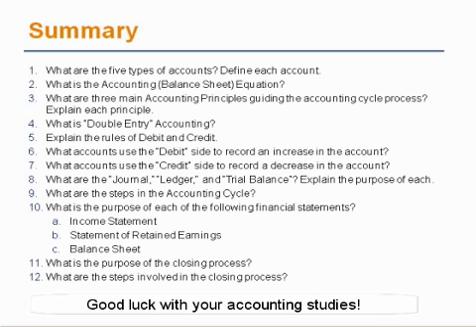And if it needs some adjustment, we need to go back and post and journalize, and then prepare an adjusted trial balance. So the trial balance is used to prepare and prove the equality of our debits and credits.